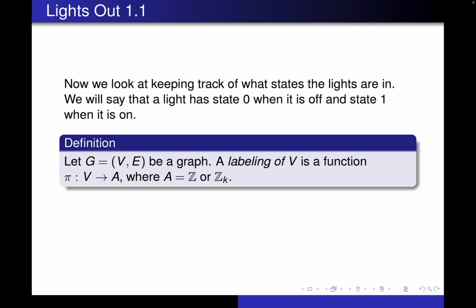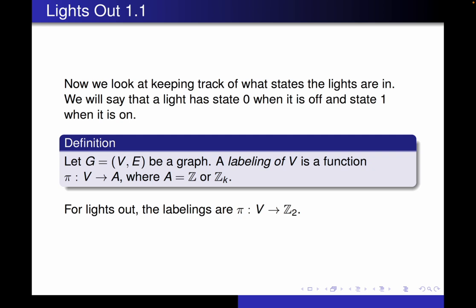We're going to be looking at Zk for Lights Out, but ordinarily vertices are often labeled with integers. So what pi does is, if you have a vertex, whatever pi maps the vertex to, that's going to be the label of that vertex.